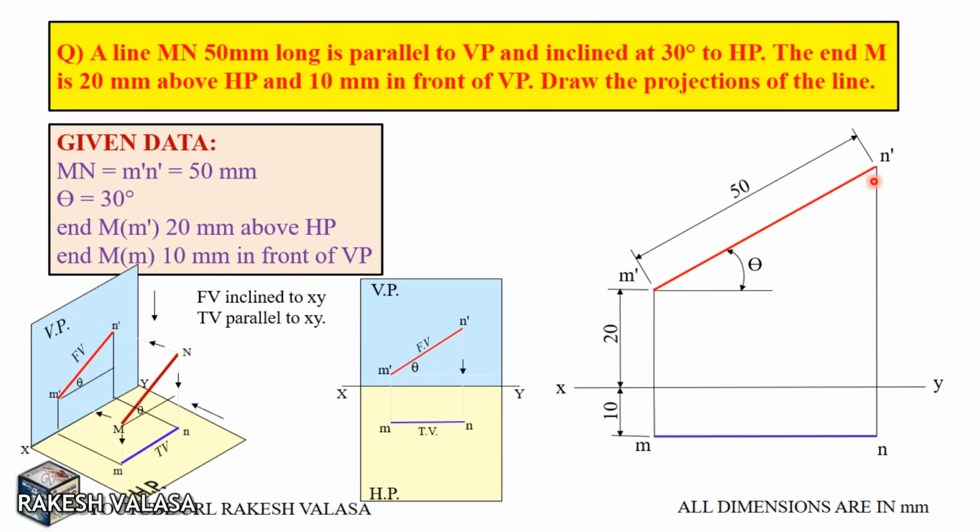M dash N dash is the front view. MN is the top view. This theta equals 30 degrees. So here M dash N dash is the true length. That means the actual line length. That is 50 mm. We can see the true length only in the front view. The top view is reduced length. So M dash N dash is greater than MN.